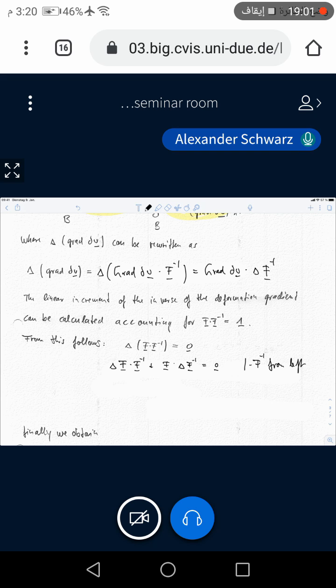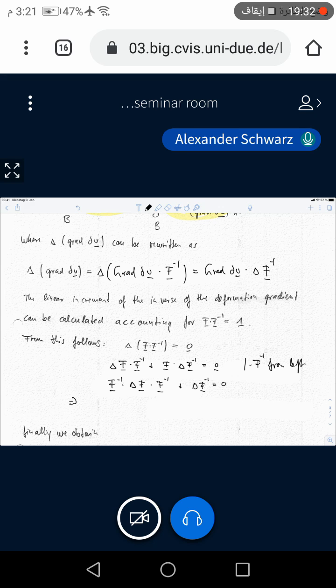I get the first part as F to the -1 applied on delta F, applied on F to the -1. This is this, plus, and of course here I have an identity. I have here F to the -1 applied on F. This is equal to 1. That means here delta F to the -1 is remaining.